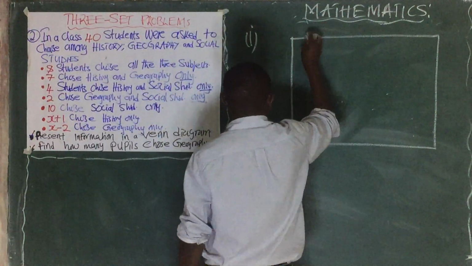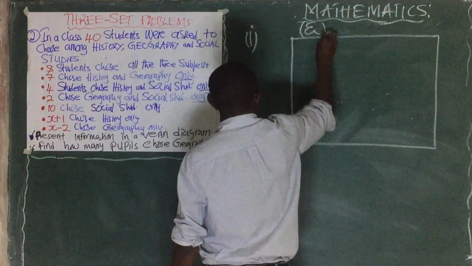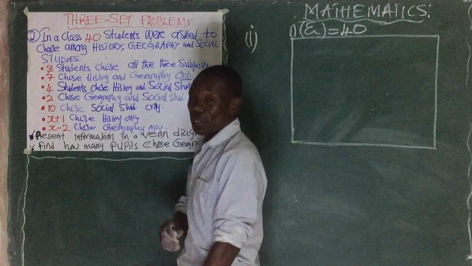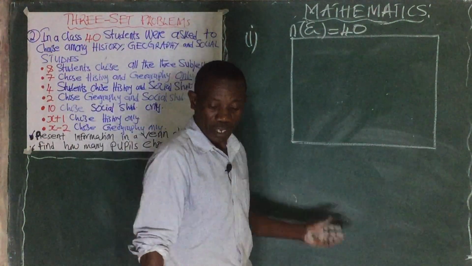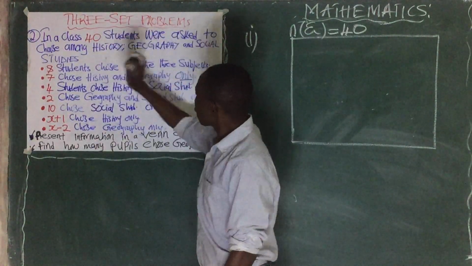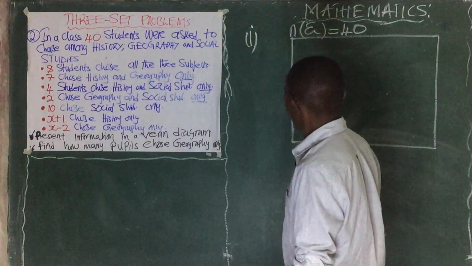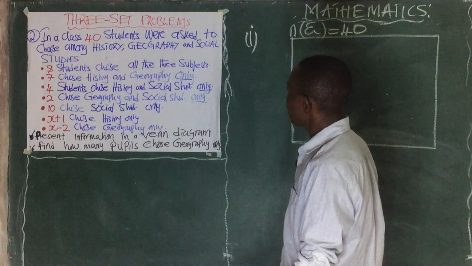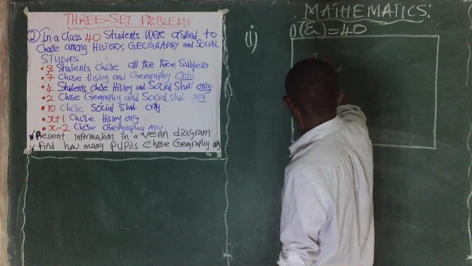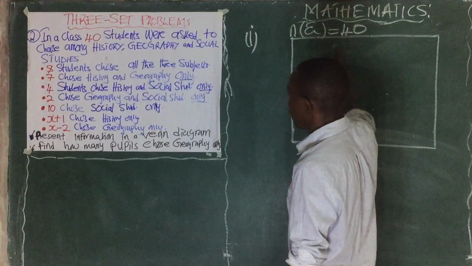Right here on top, a symbol of universal, but with n, that here we have got 40 members in the universal set. If you look now here, we have got 1, 2, 3 subjects. This tells us that we have got 3 sets, minor sets under discussion, which have to be broken up out of the 40.